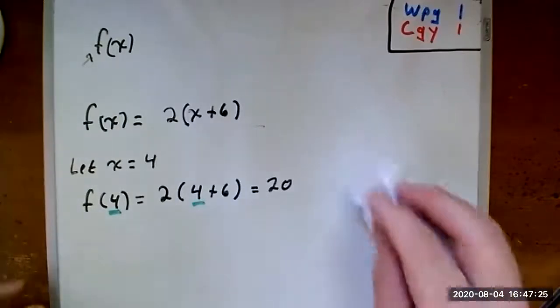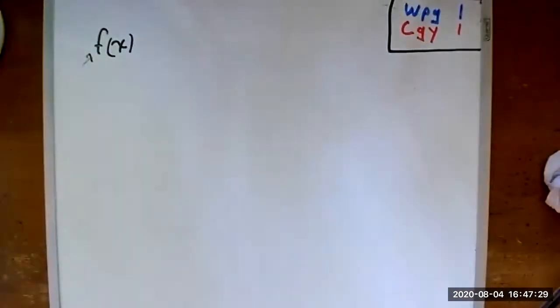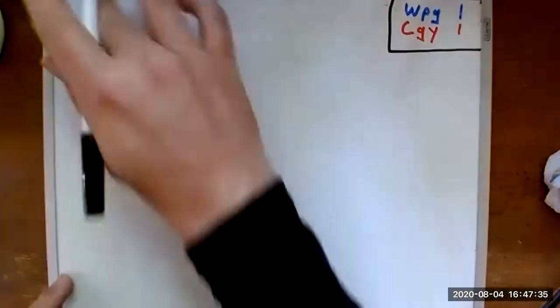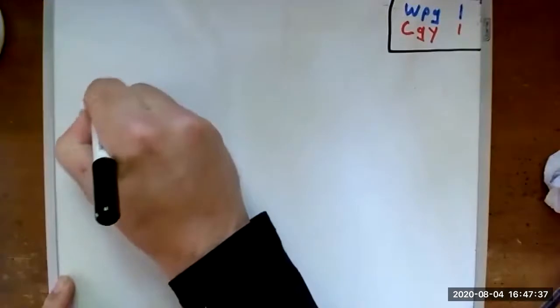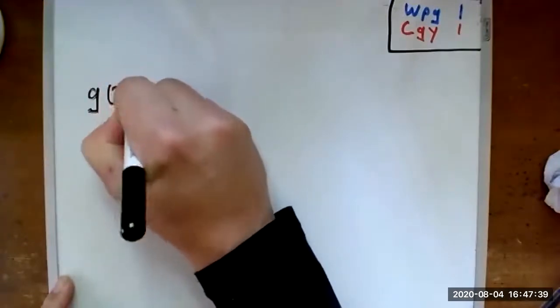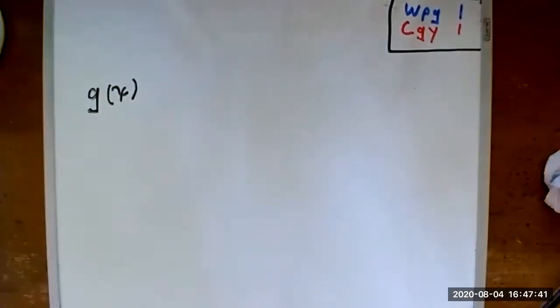F doesn't have to be the letter. If we're not using F, we often use G. F we use because it's function, and G we use just because it's the next letter. So, if we're given yet another description of a function, this one is almost directly from the notes.